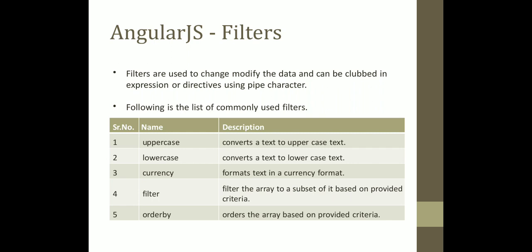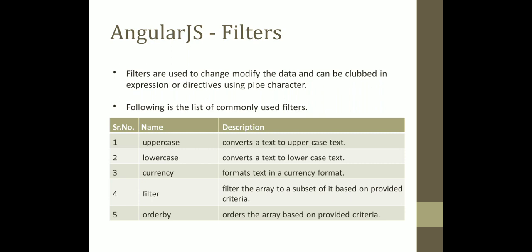Then the filter filters the array, giving a subset of it based on provided criteria. Okay, so what the filter will do, it will filter the array to a subset of it based on provided criteria.